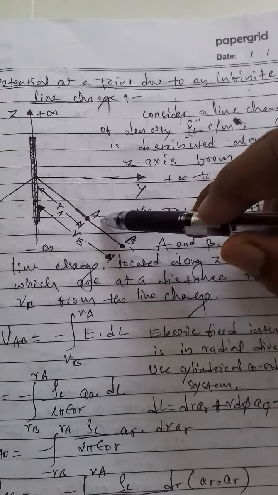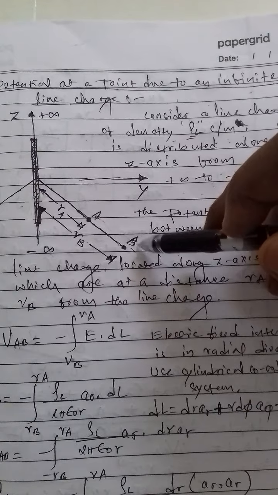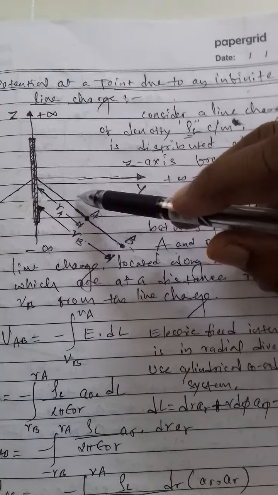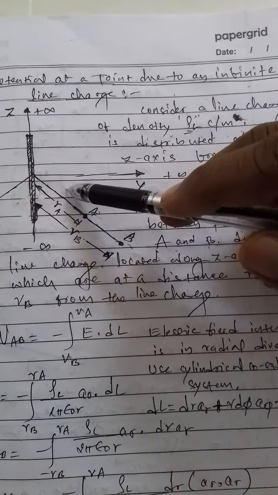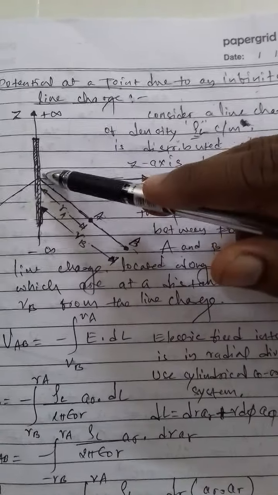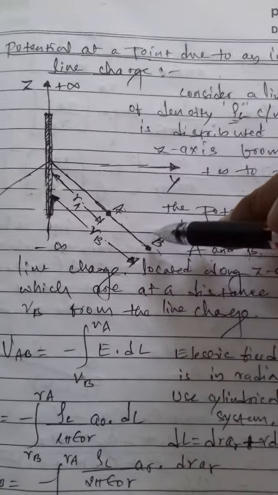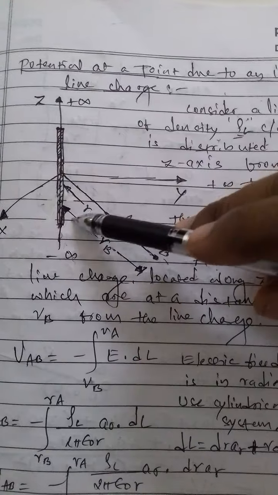Point A is at a distance of RA from that infinite line charge, and point B is at a distance of RB from the line charge.